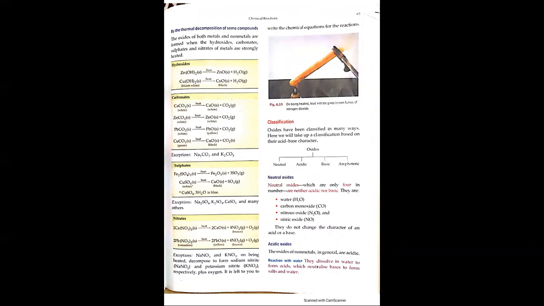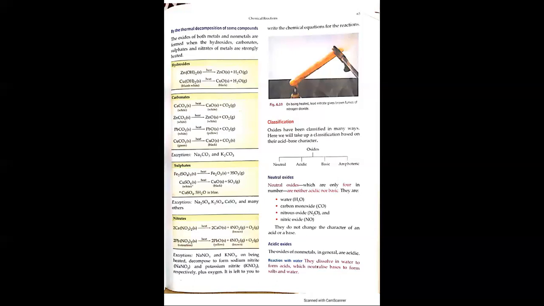You should remember them. Then acidic oxides are oxides of non-metals and are generally acidic. They dissolve in water to form acid. Many times we have come across that non-metallic oxides react with water to form acid, and they neutralize base to form salt and water. Like CO2 is an acidic oxide. When it reacts with water, it forms carbonic acid.